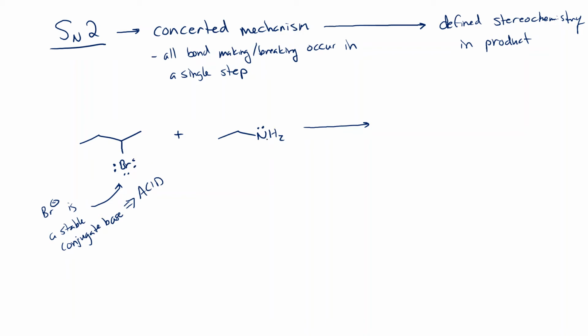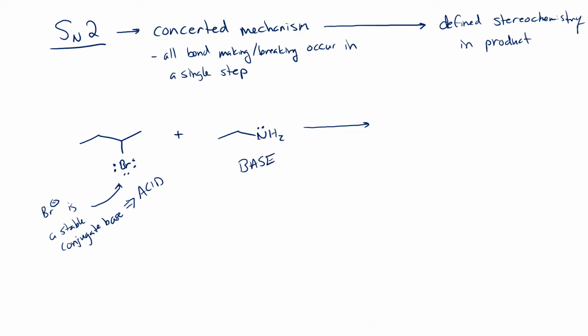Nitrogen does not have a very stable base. So if we were to remove a hydrogen from here and create N minus, or have something else happen where we break a bond and create N minus as our conjugate base, this would not be as stable as Br minus. So we can figure out that this is probably our acid and this is probably our base.